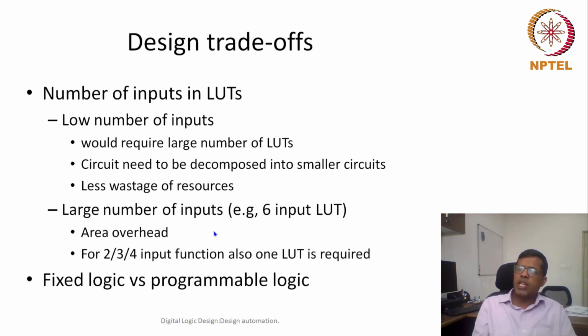So why not design a fixed logic for some components which is quite popular or which would be used in most of the circuits? So that means there could be some programmable part, there could be some fixed logic. What logic should be used as a fixed logic is always a question, or is a trade-off.